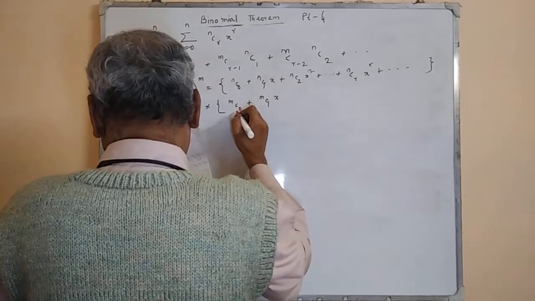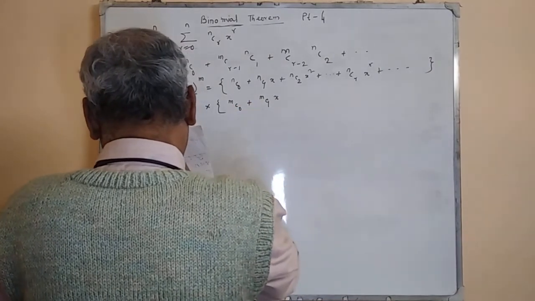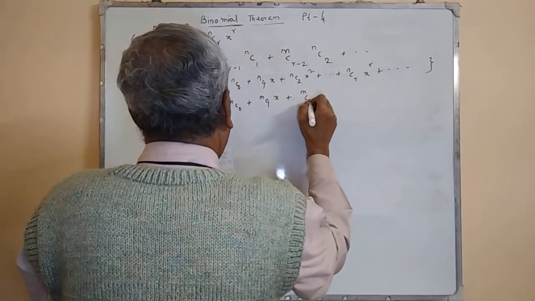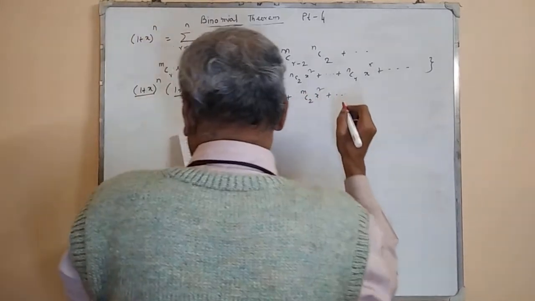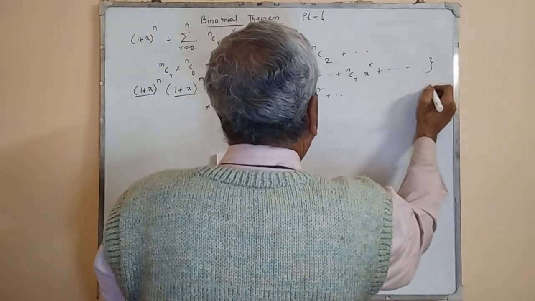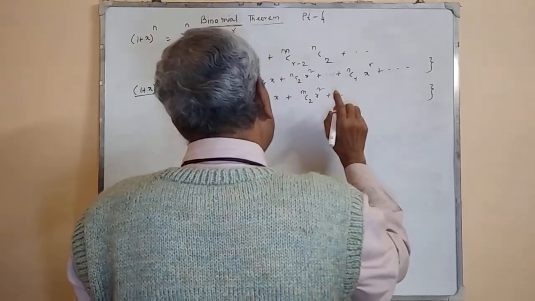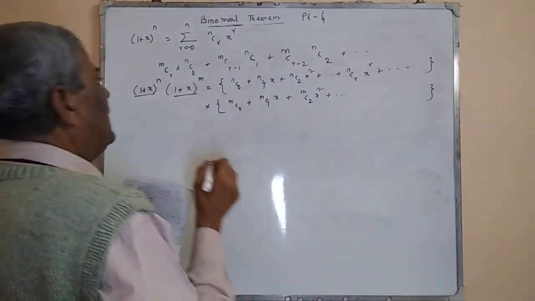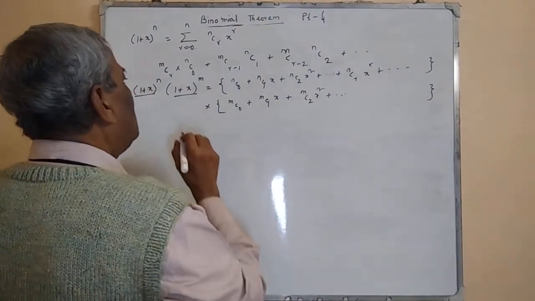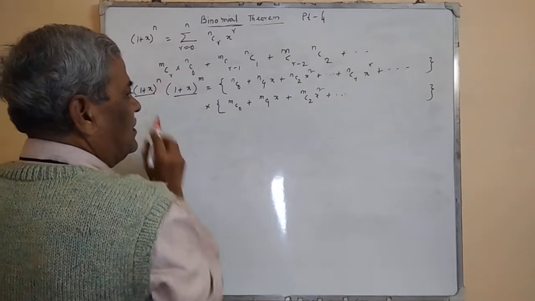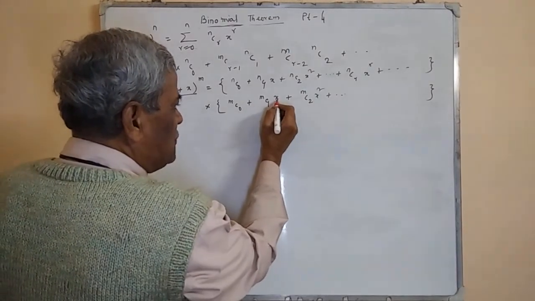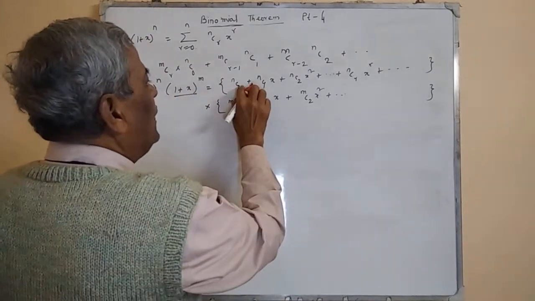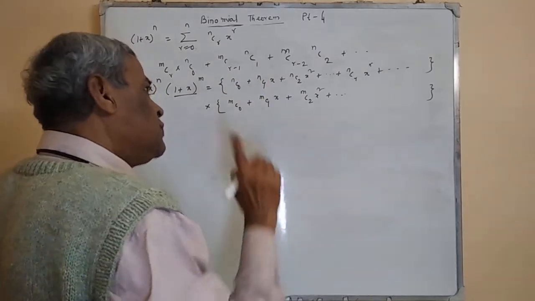up to the general term. If needed, I write the general term here and there. Now, actually we have to find the product of the coefficients. mCr, its power will be x to the power r, and mC0 is x to the power 0, meaning simply 1.